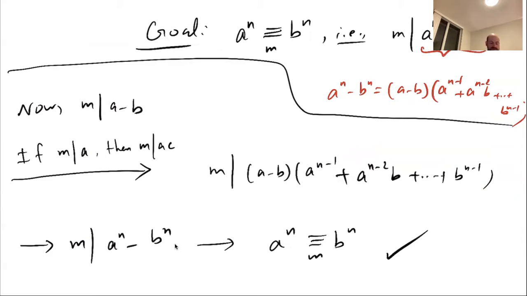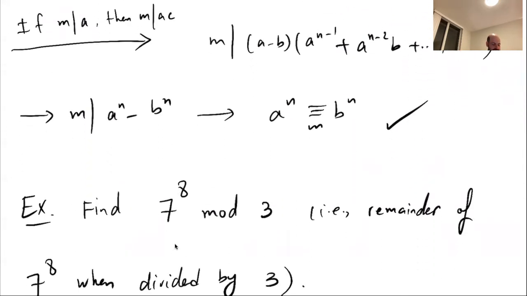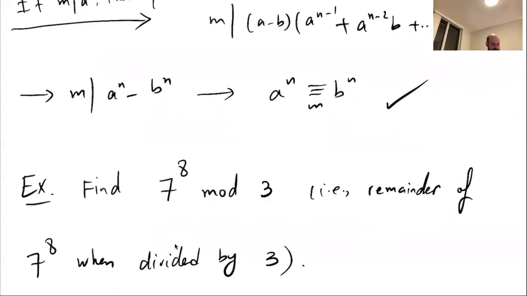Now, you will see that there are interesting examples for this property. One example is: find 7 to power 8 mod 3.